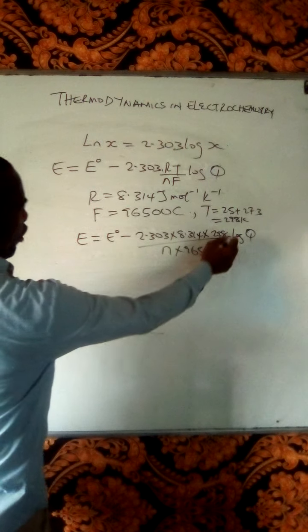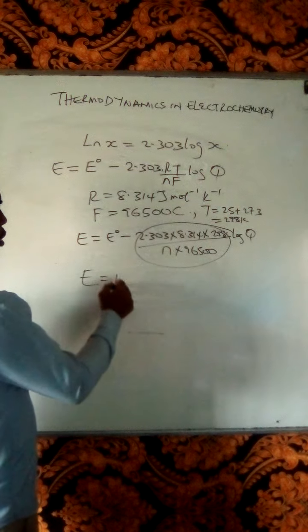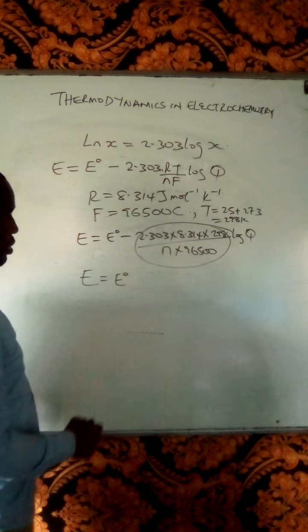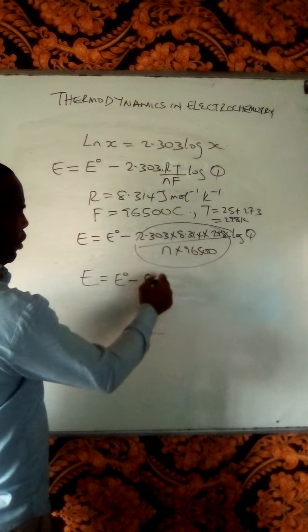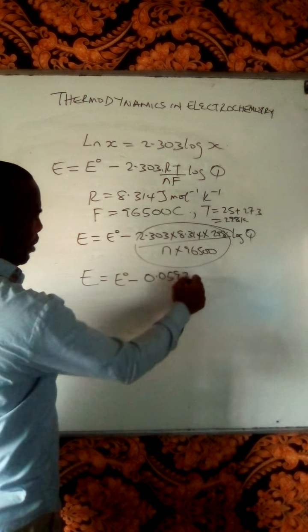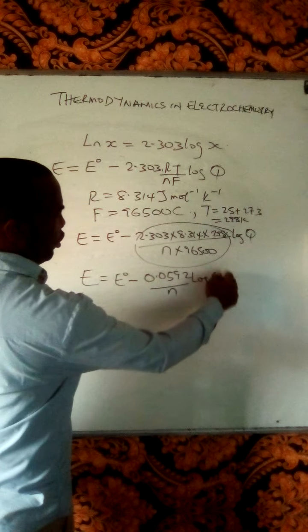If we solve all these, we have E equal to E0 minus approximately 0.0592 over n log Q.